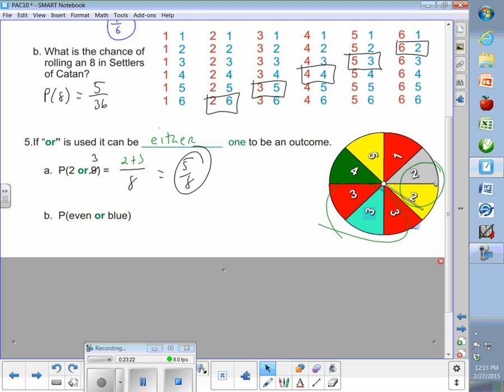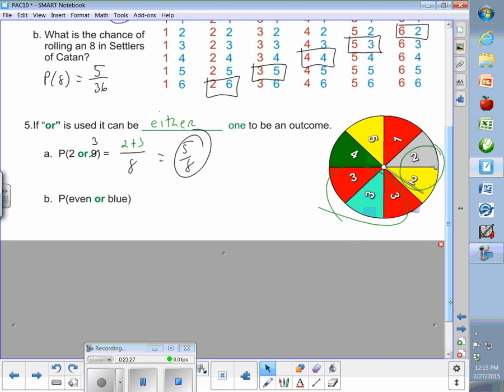All right, so go ahead and try to do B there. What's the probability of spinning either an even or blue?